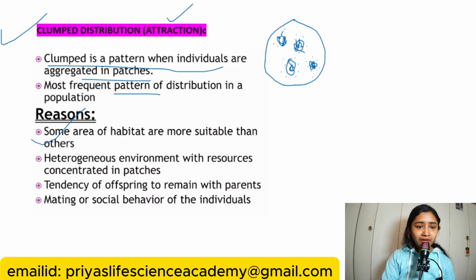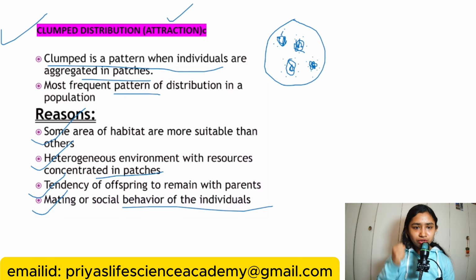I told you, a heterogeneous environment with resources concentrated in patches, and not all over the area. Also, the tendency of offspring to remain with parents, yes, so social behavior, mating or social behavior of the animals or individuals. So for a bond, for an attraction, and for social behavior also, the animals tend to stay together in a clumped distribution.